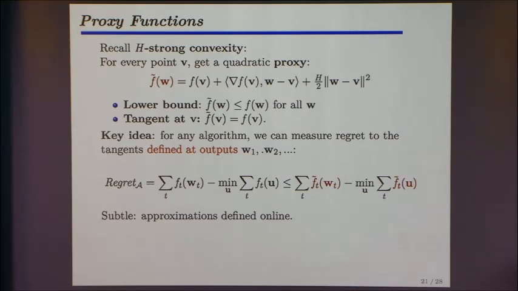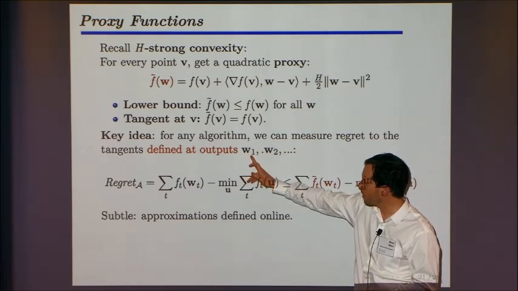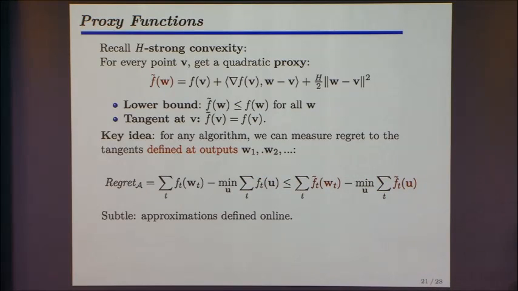A key idea which comes from the online learning literature is that for any algorithm, instead of measuring regret with respect to the real cost functions, I can measure regret with respect to these approximations, as long as I define them at exactly the points I actually tried to predict.